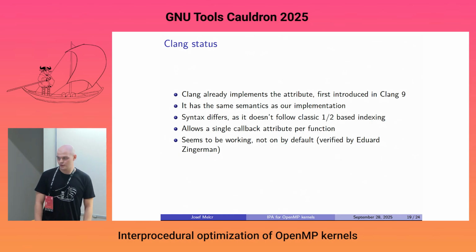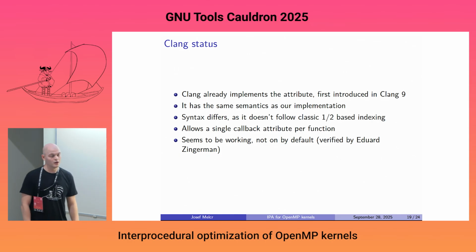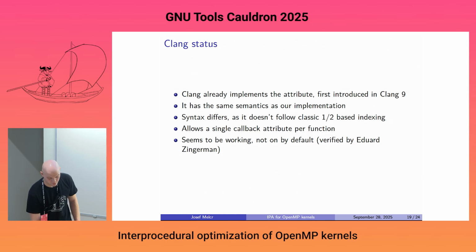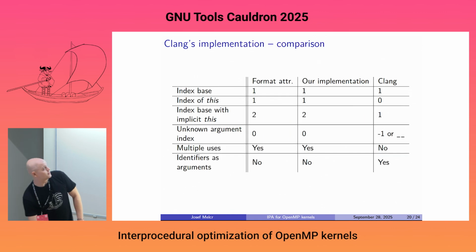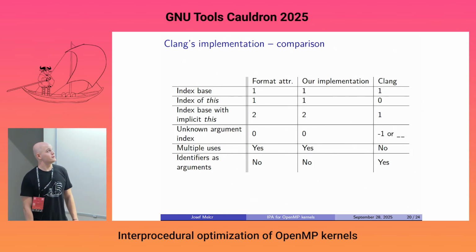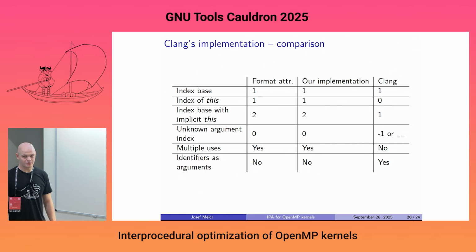Now, as stated yesterday, the attribute in Clang actually doesn't follow the same syntax. It uses a different syntax for the this pointer, and it allows identifiers as arguments. This is a very quick summary of the differences. The main difference is that for the unknown value, Clang uses -1 instead of 0.